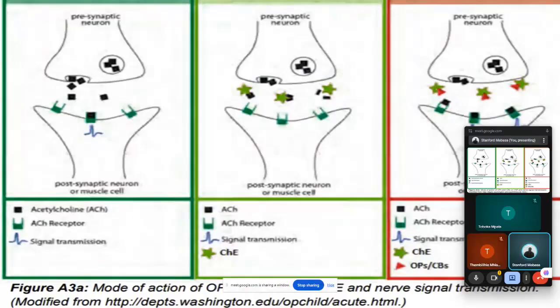The green star is representing the enzyme, and that enzyme is permanently joined to the insecticide. Once it is permanently joined to the insecticide, it can no longer control the levels or regulate the levels of acetylcholine. And as a result, there is a continuous transmission of the signal in the nerves. That continuous transmission of the signal will then kill the insect.